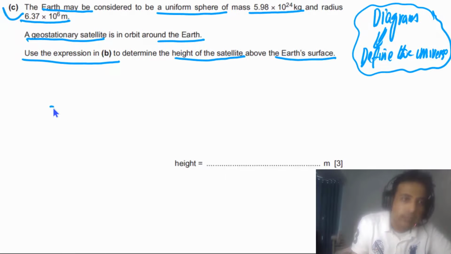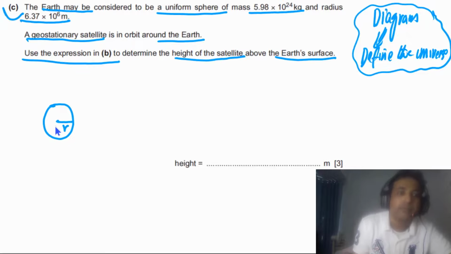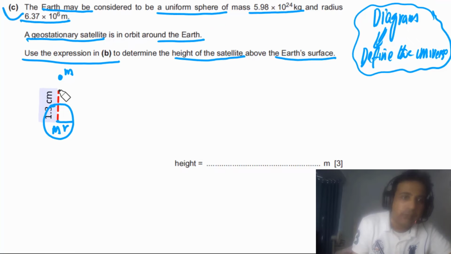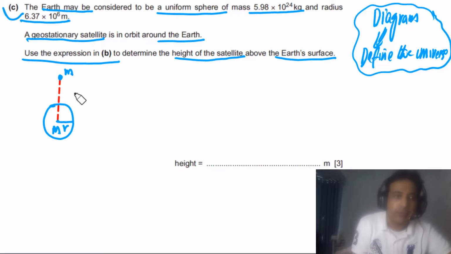So in this case we can imagine this is our beautiful planet, and we can also imagine the radius of this one is small r. And we can also imagine we have a small satellite here. The mass of the satellite we have already said is small m, and the mass of the planet is capital M. And in the question we have already said that the orbital radius, meaning this radius, is equal to capital R. But now we need to understand this one.